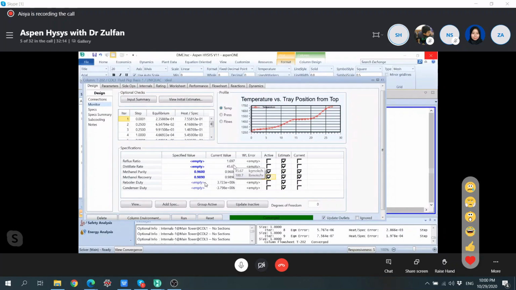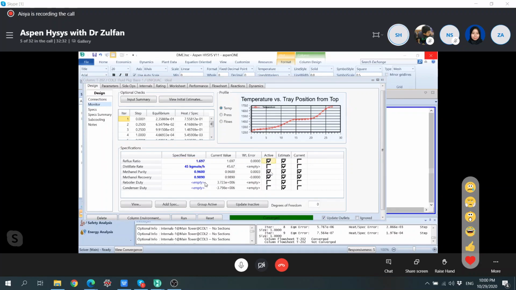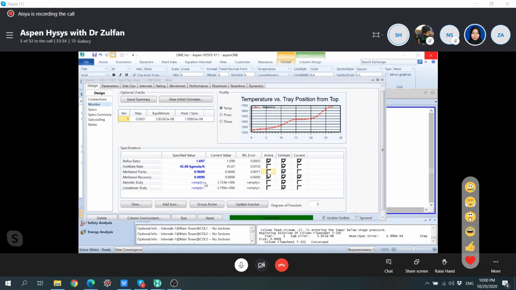Now you have this 1.697. You could put that in the specified value of the reflux ratio and also the distillate rate, and then you can play around with that and see how much the methanol purity and the recovery are that you can get. It is also pretty much the same.